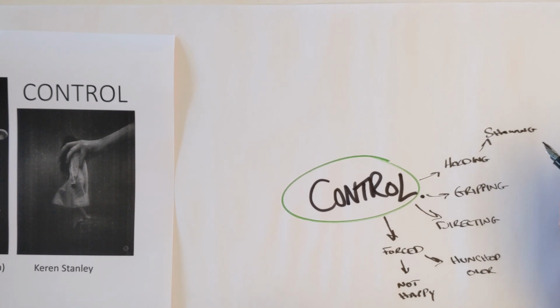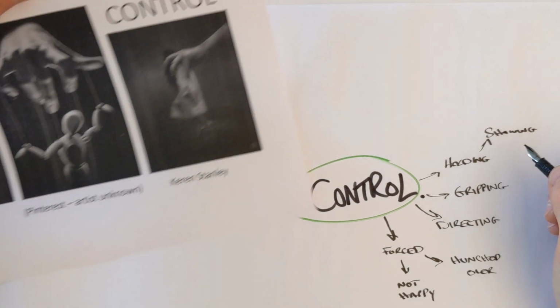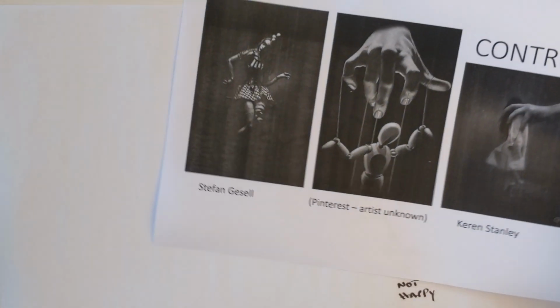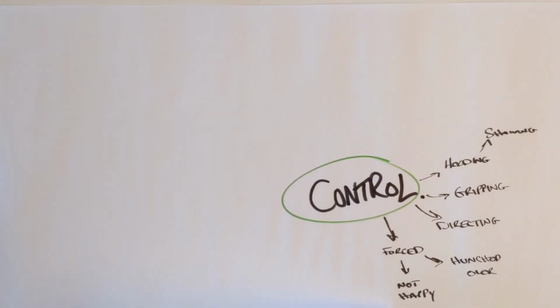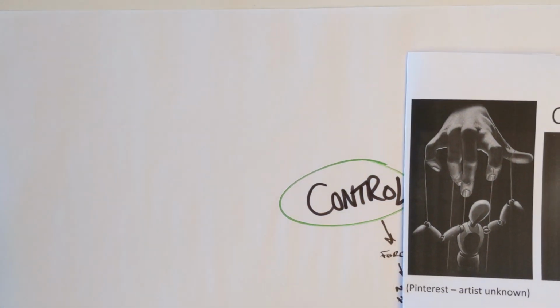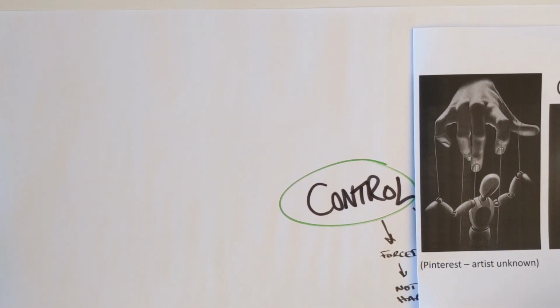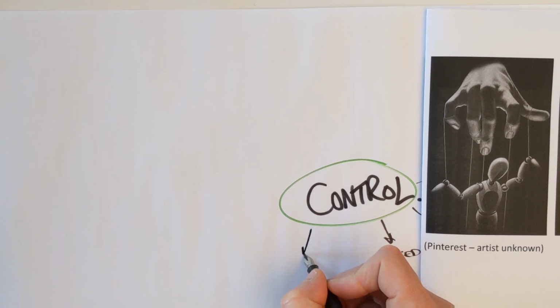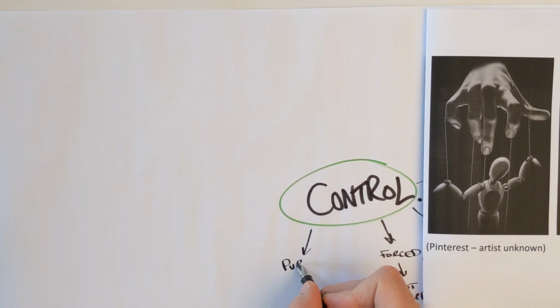Okay, so now let's look at this image here. So if I just move that, in fact, let's just fold that back and put that over that side. So I've got the idea of a puppet. Is that how you spell puppet?